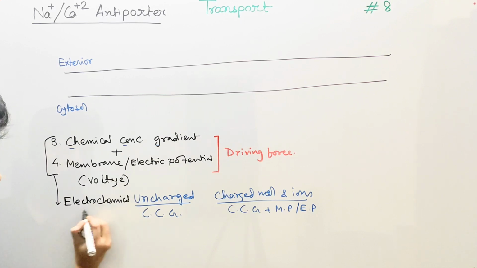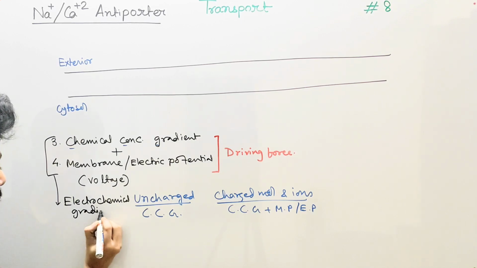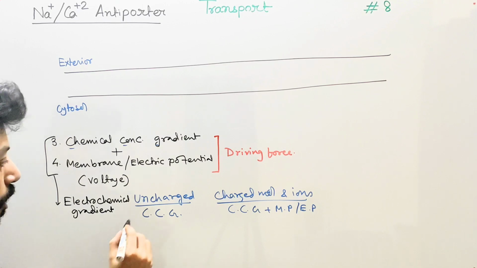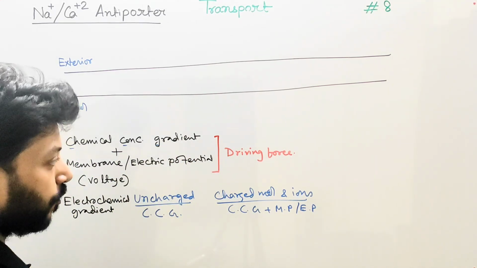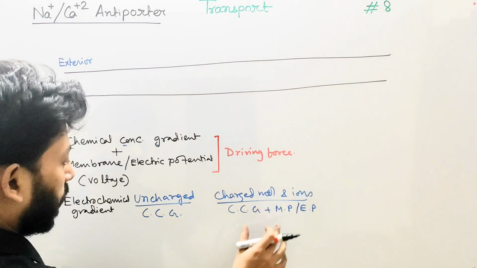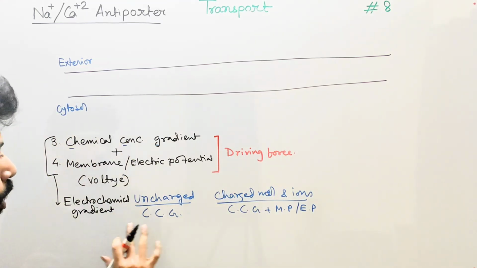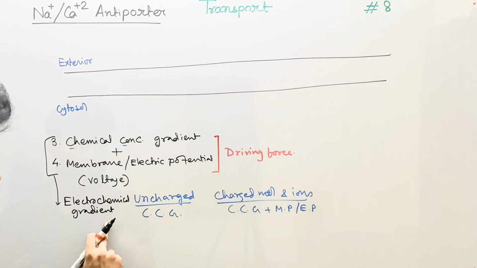So for uncharged molecules, only the chemical concentration gradient is the driving force. But for charged molecules and ions, both factors work together, and we call it the electrochemical gradient.